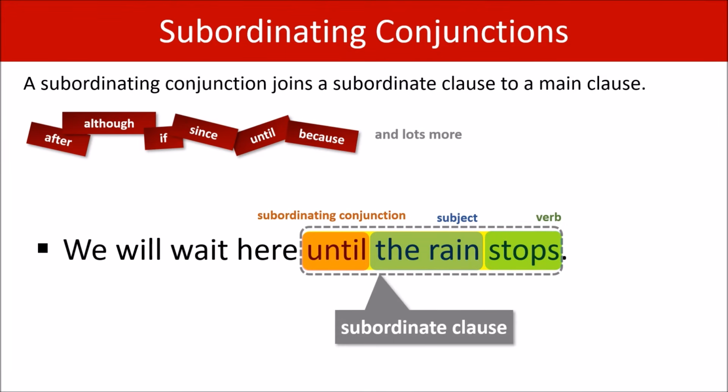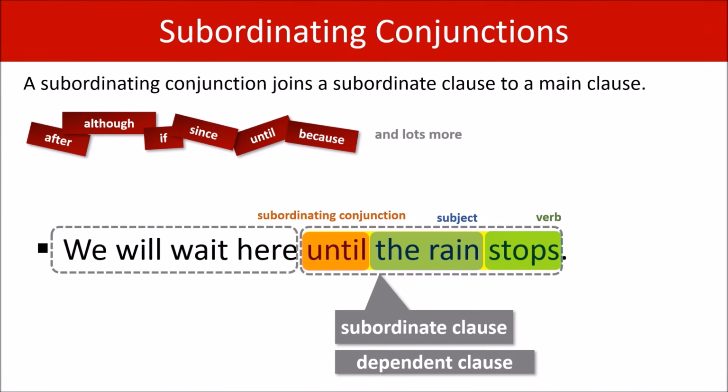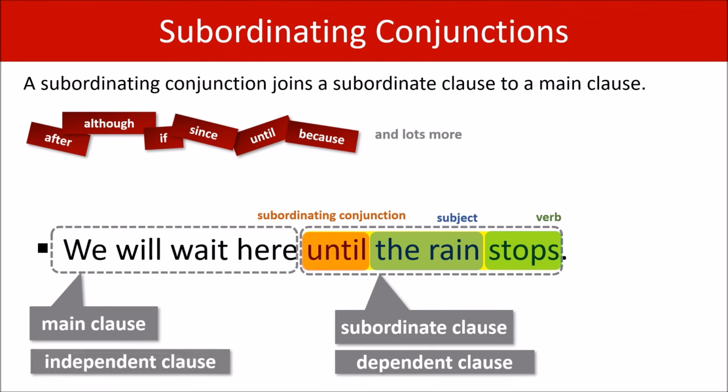It's also a subordinate clause because it's subordinate to the main clause. You will also hear it called a dependent clause. It's a dependent clause because it cannot stand alone as a sentence. Okay, now this is the main clause. You will also hear this called an independent clause.